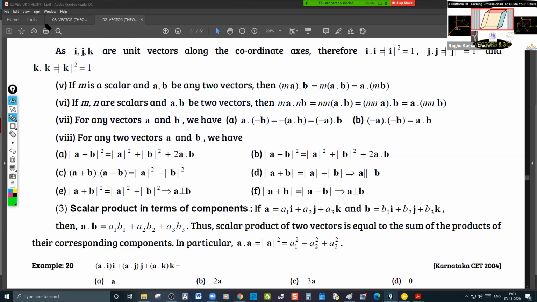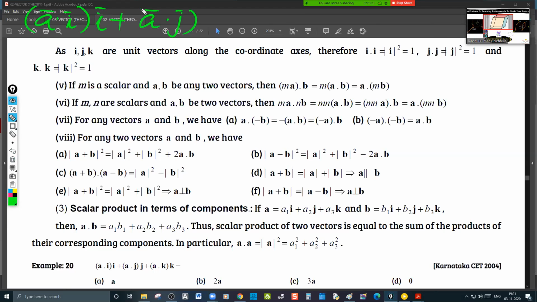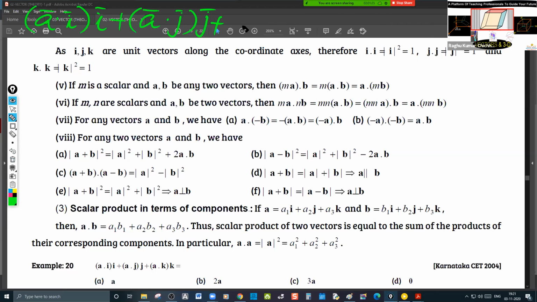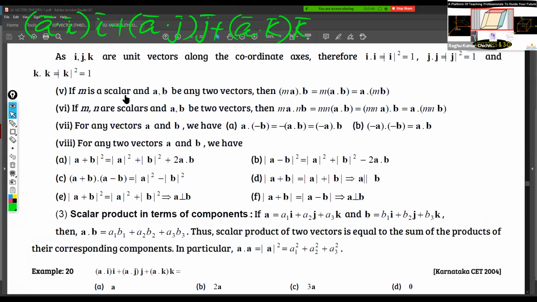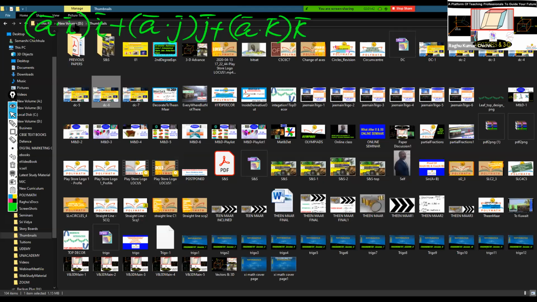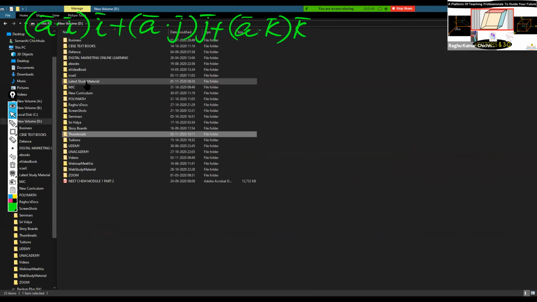A dot i into i cap plus A dot j into j plus A dot k into k is equal to what? What are the options given? A, 2A, 3A, 0. Tell me now, what is A bar? It is any vector. Then what is to be found out?